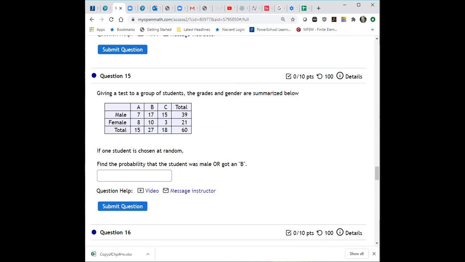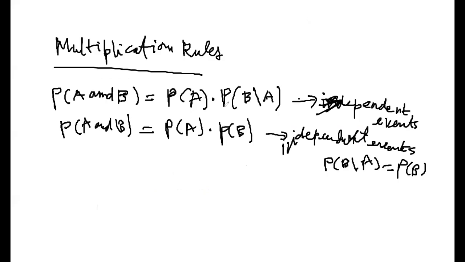Okay, let me set up the whiteboard. You need to go back to the addition rule. I can write it down here.